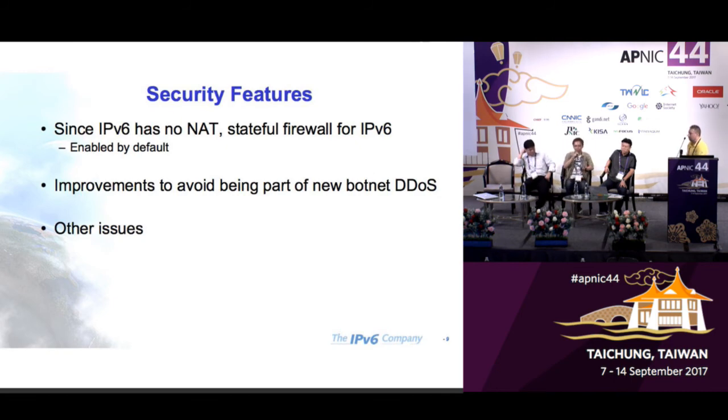Our CE routers support IPv6 firewall and simple security, but I once asked my boss how IPv6 security we should implement. Is it also enabled by default? The firewall that your router supports, is it enabled by default in IPv6 as well? Yes, it's by default.